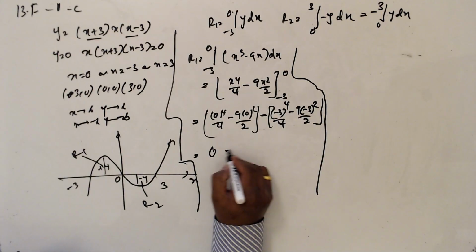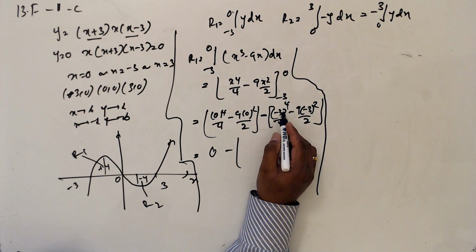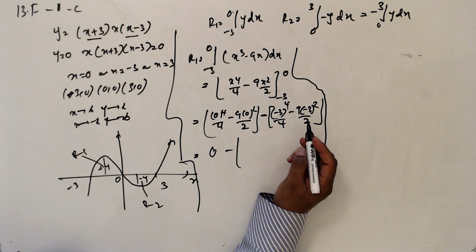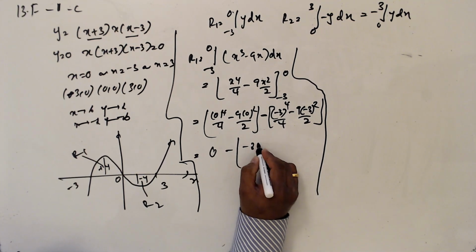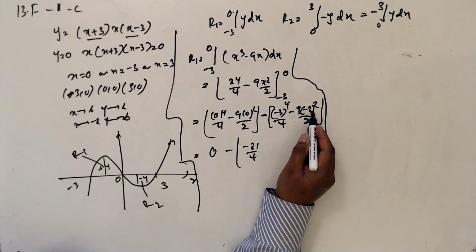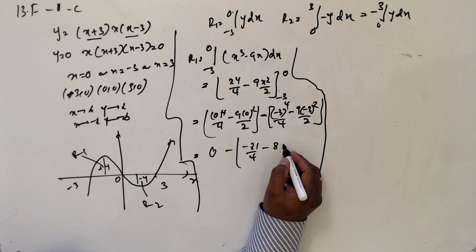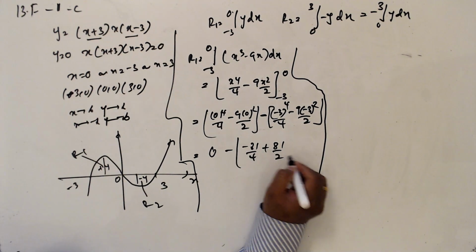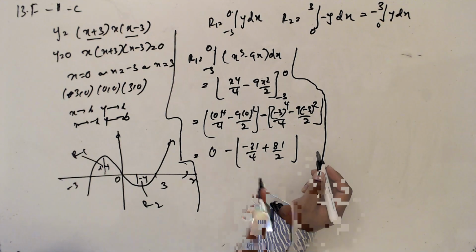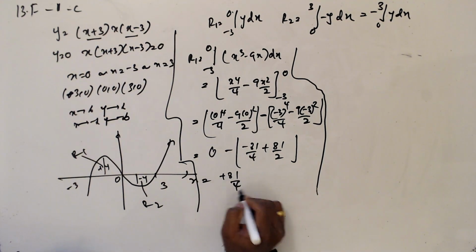This is 0 minus, this is minus 81 over 4. This is 9 times 9, minus 81 plus 81 over 2. This will give a plus 81 over 4 answer.